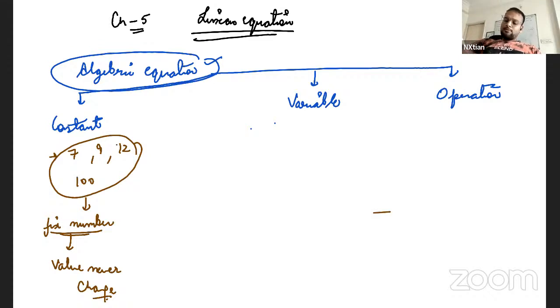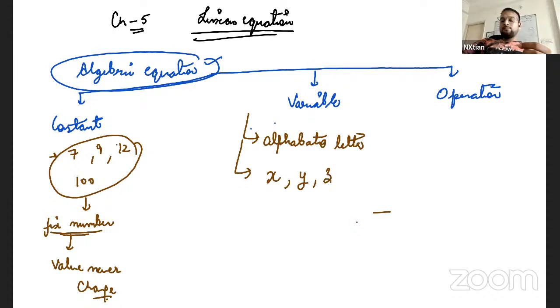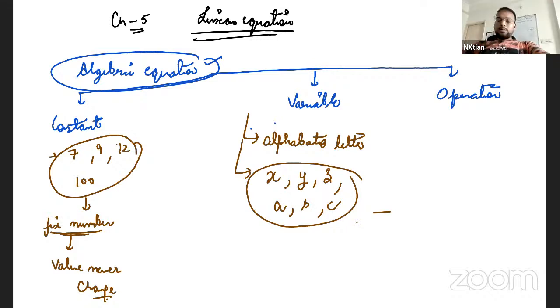Now, variables are some values, alphabetic letters, whose value will change, like X, Y, Z, A, C. You don't know the value of them, so their value will change because they are variables.